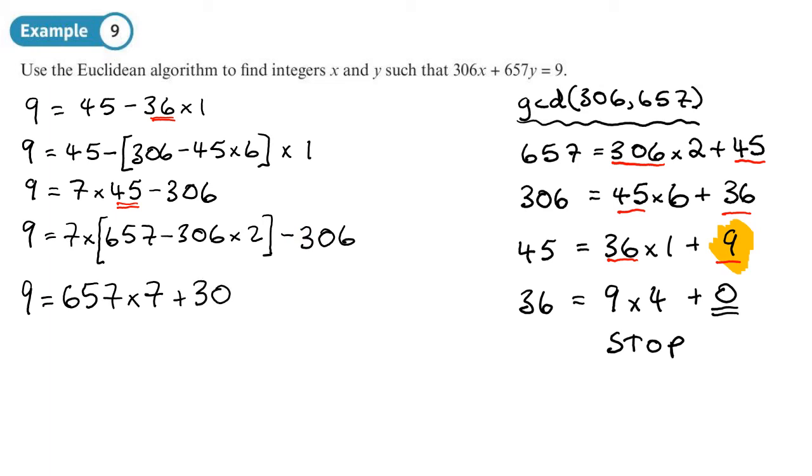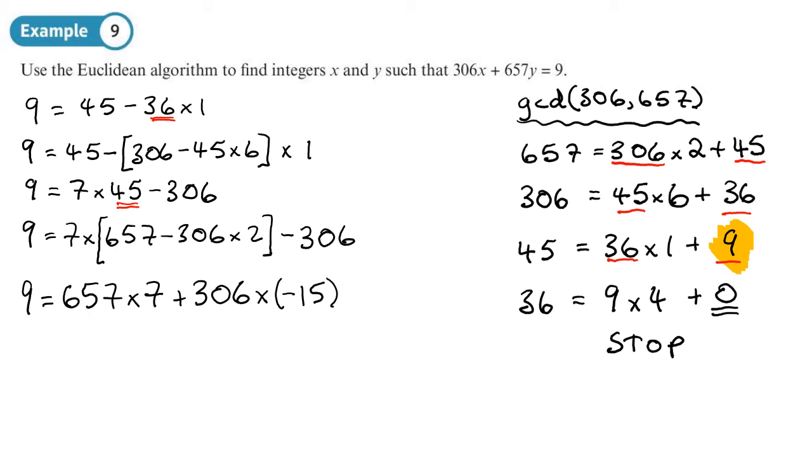So 306 times by, I've forgotten what that number was now. Oh, negative 15, wasn't it? Times by negative 15. Whenever we do this, it's useful to check on your calculator that actually this works. So we'll do that: 657 times by 7 plus 306 times by negative 15, and that gives us 9.